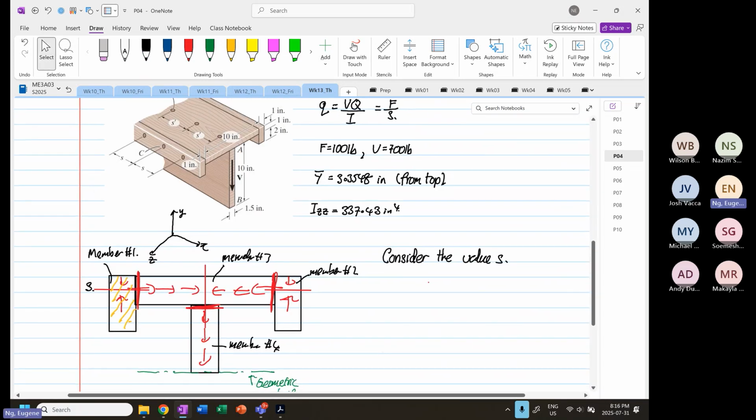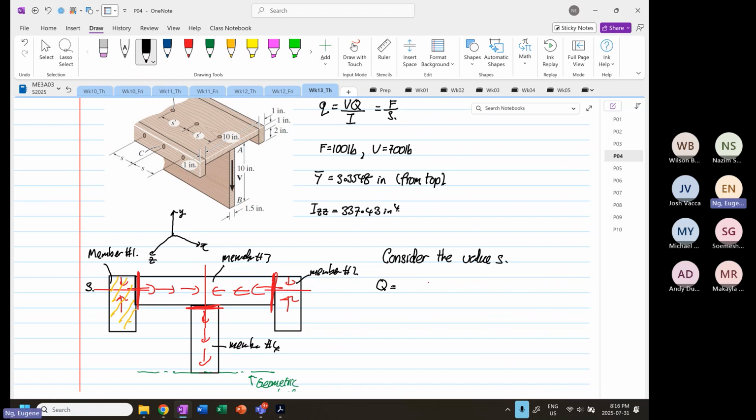So once you have that, Q with depth 3, y bar 3.3548 minus y3 divided by 2.